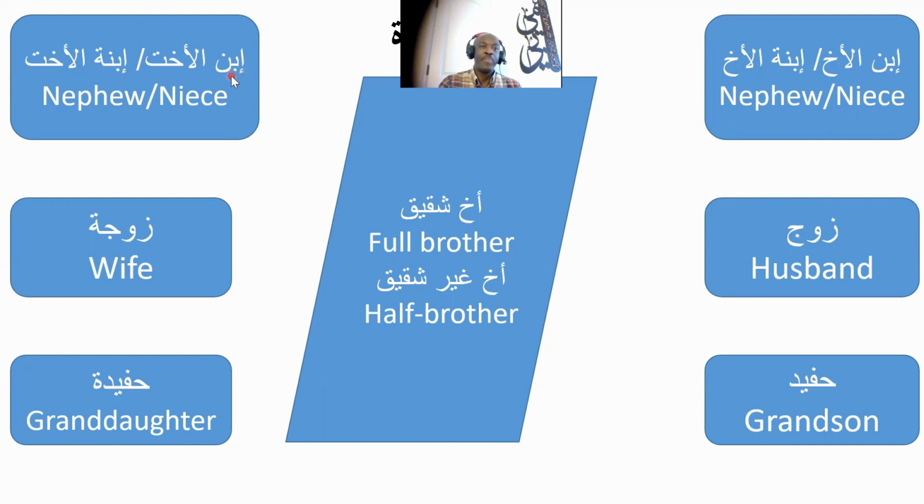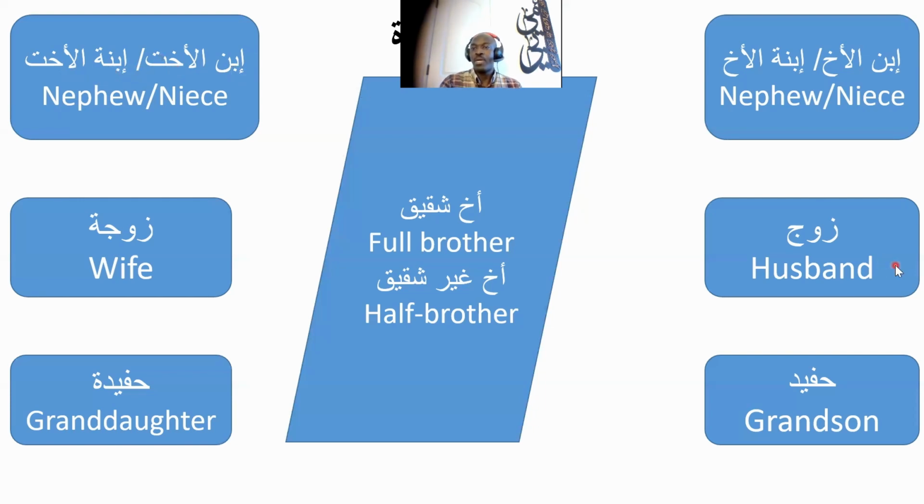Ibn is son, ukht is sister, so the son of the sister, and that's also called nephew in English. Here, ibnat al-ukht, the daughter of the sister, and that's the niece in English. So once again, ibn al-ukht, ibnat al-ukht.